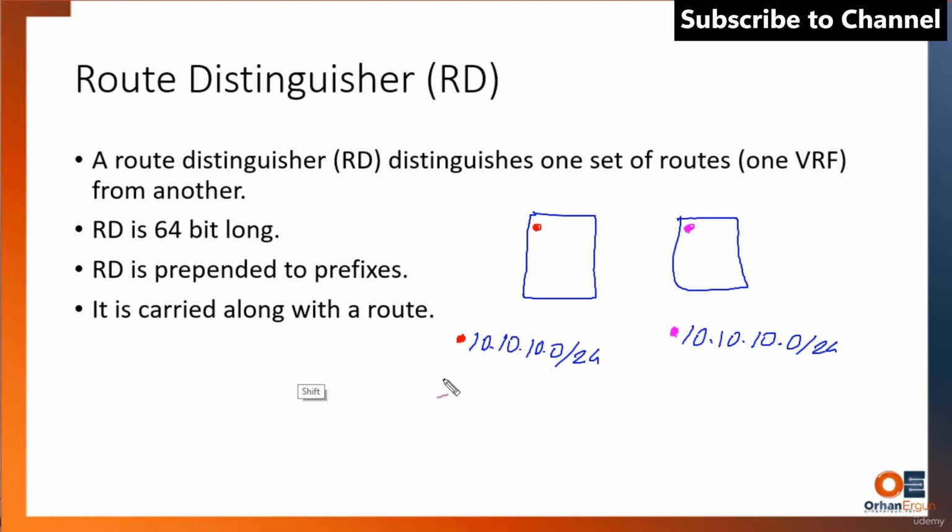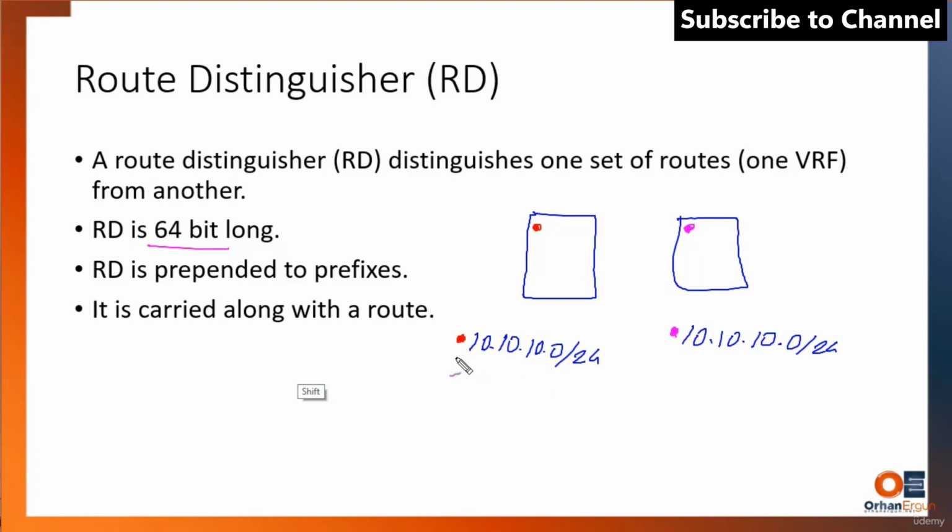It is important on just the local router. When transferring the routes, route distinguisher doesn't do anything. But on a local router, it is very important to understand that this one is not going to be mixed with the other one. How can I do that? Like I say, I'm going to add a 64-bit value to the beginning of these routes.